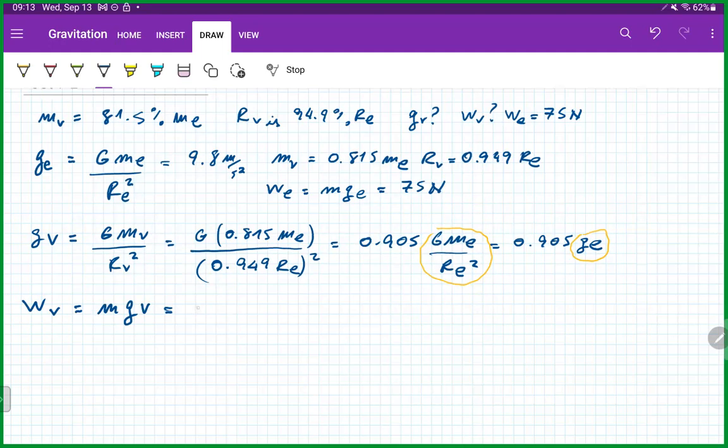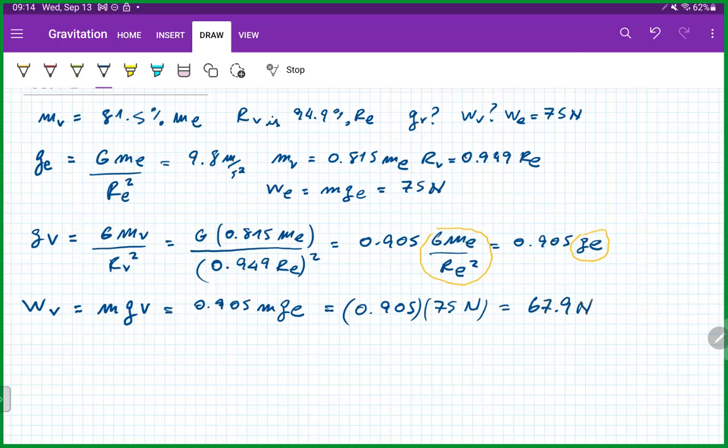So you can just substitute that: 0.905 mg E, and that's 0.905 times 75 newtons. That's 67.9 newtons.